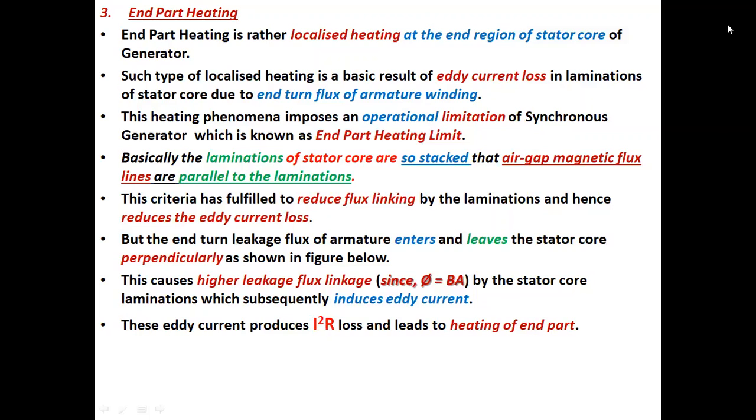This causes higher leakage flux linkage, since phi is equal to BA, by the stator core laminations, which subsequently induces eddy current. This eddy current produces I square R loss and leads to heating of end part.